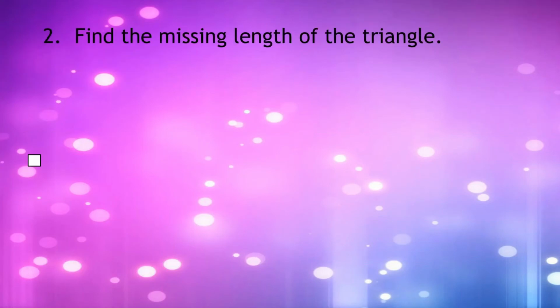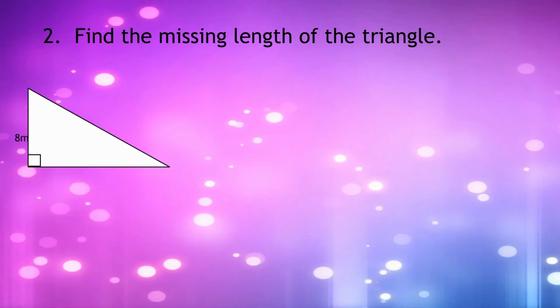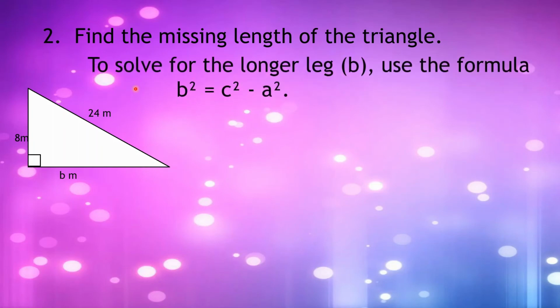Number 2. Find the missing length of the triangle. We have a triangle with one leg of 8 meters and the hypotenuse of 24 meters. We are going to find B. To solve for the longer leg, B, use the formula B squared is equal to C squared minus A squared.